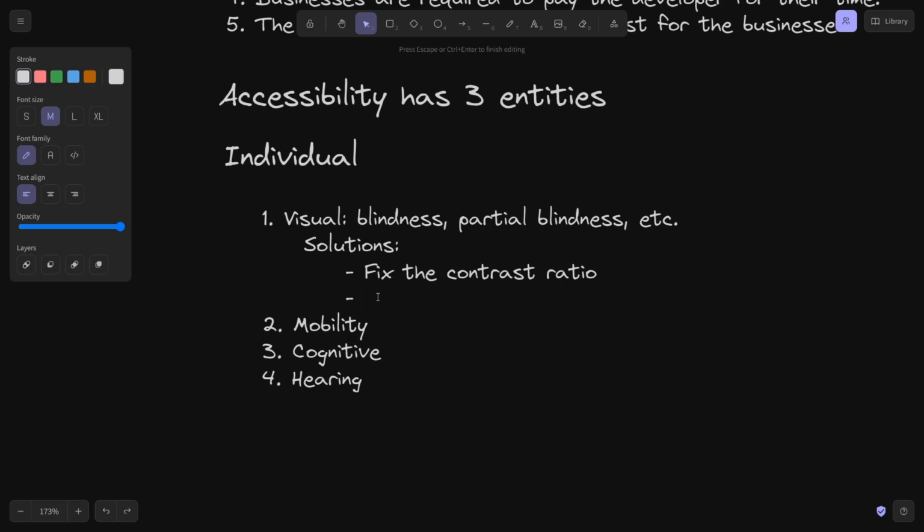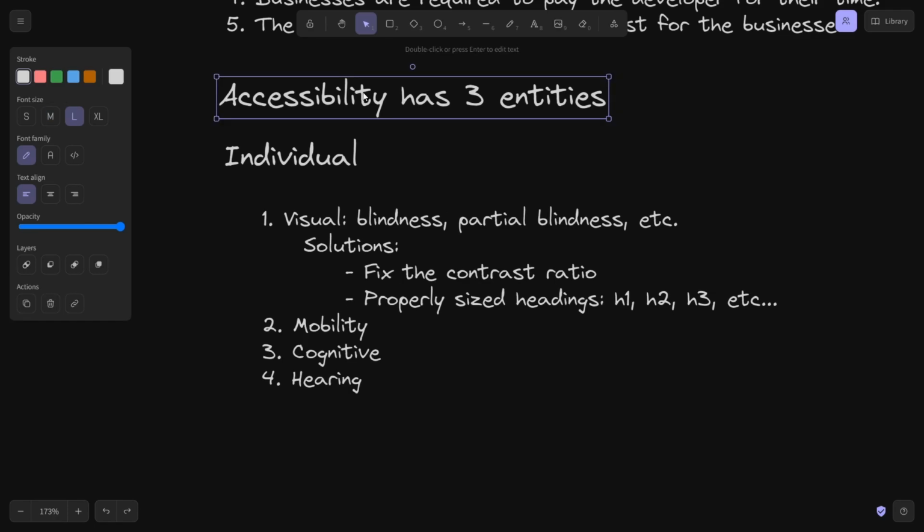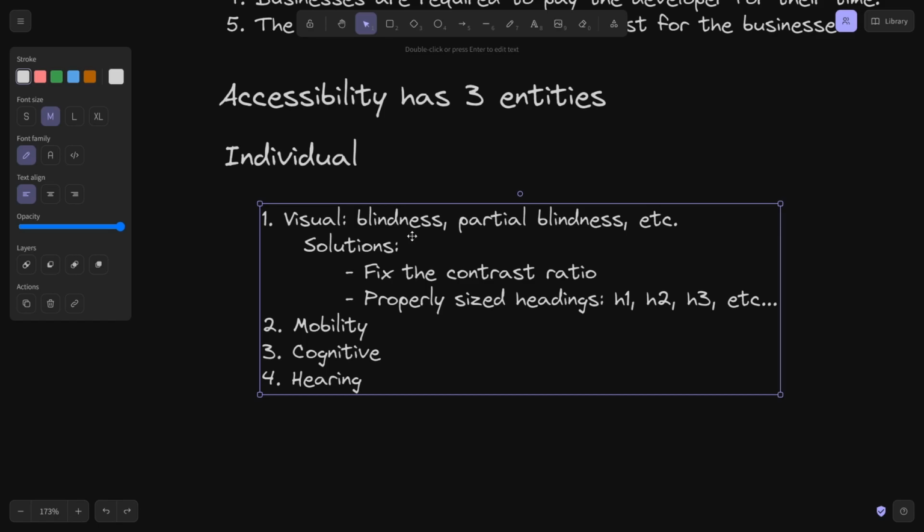Second is going to be visual hierarchy. In a way, keep properly sized headings. These could be attained by elements like h1, h2, h3 in HTML itself. Now, think about it like this. This is large, this is also large, and this is kind of a medium.